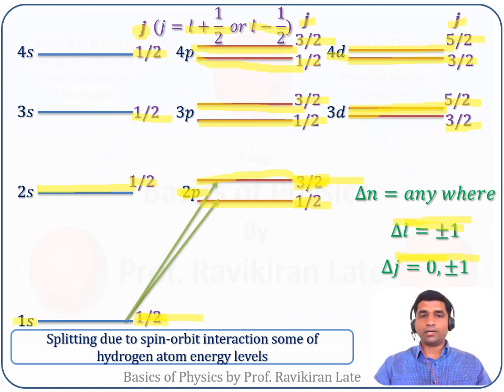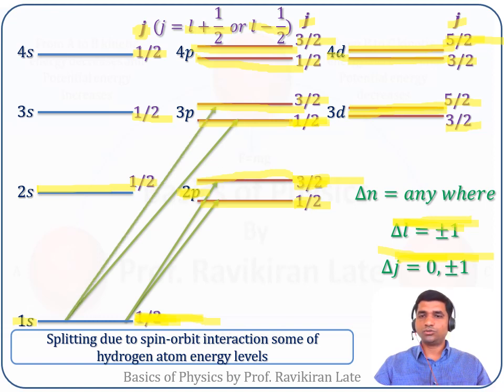But if you consider a transition from 1/2 to 5/2 level, that will not be allowed, because 5/2 minus 1/2 will give you 2, which is not allowed as per the selection rules. You can have another transition from 1s 1/2 level to 3p 1/2 level, because for 1s to 3p, delta L is changing by plus 1 and J change will be 0.